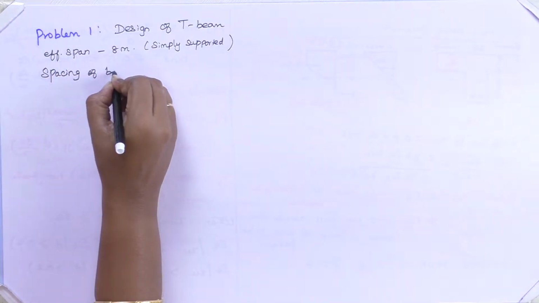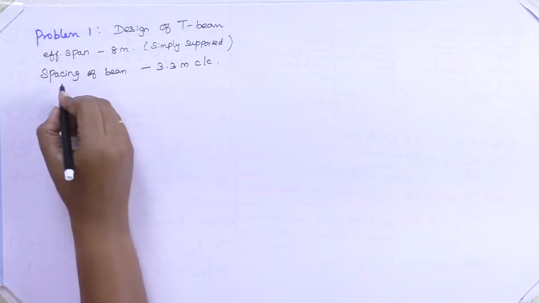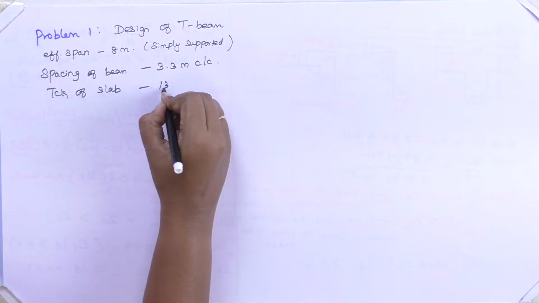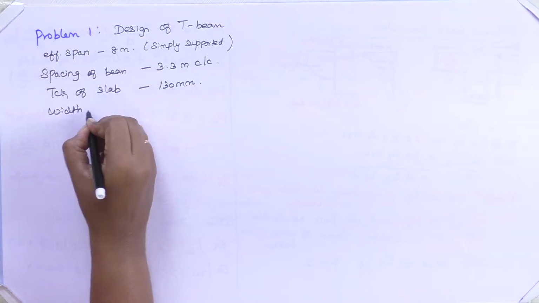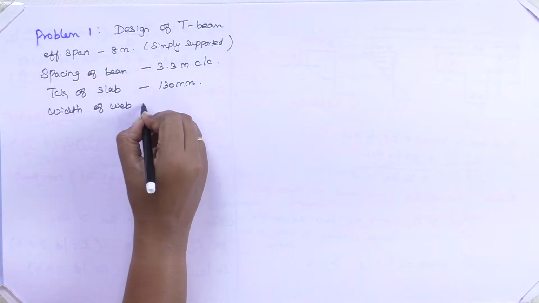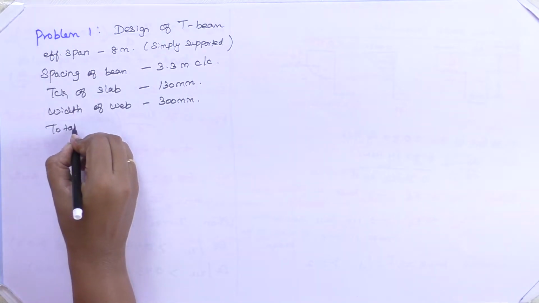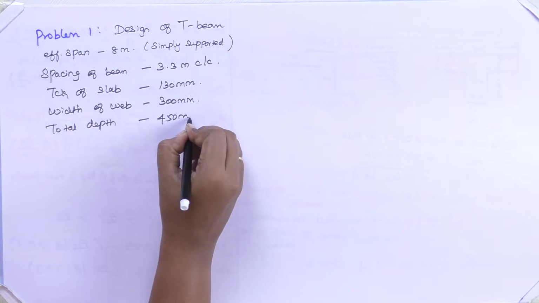Spacing of beams is 3.3 meters center to center. Thickness of slab is given as 130 mm. Width of web is 300 mm, total depth 450 mm.